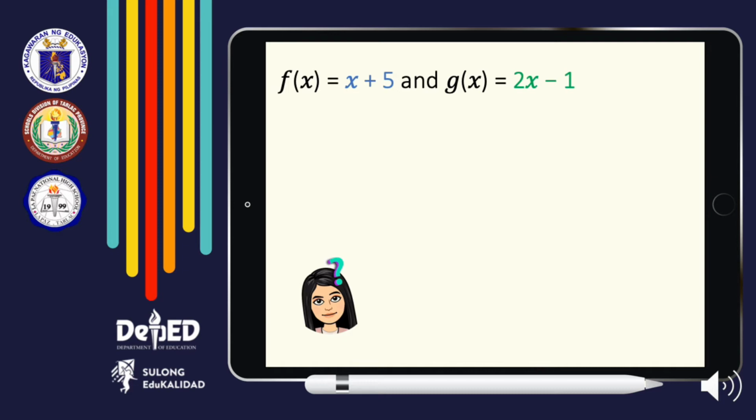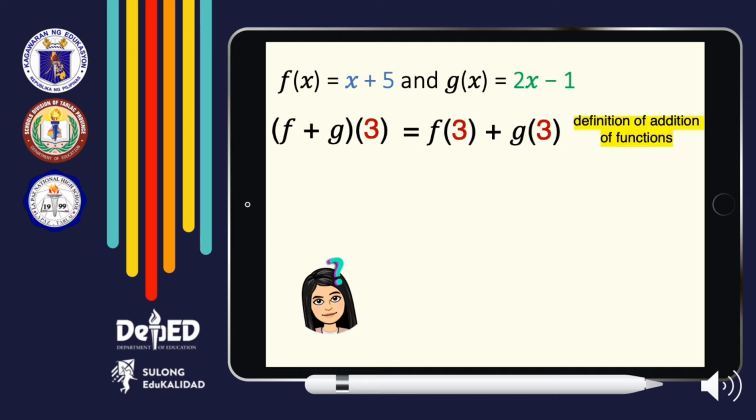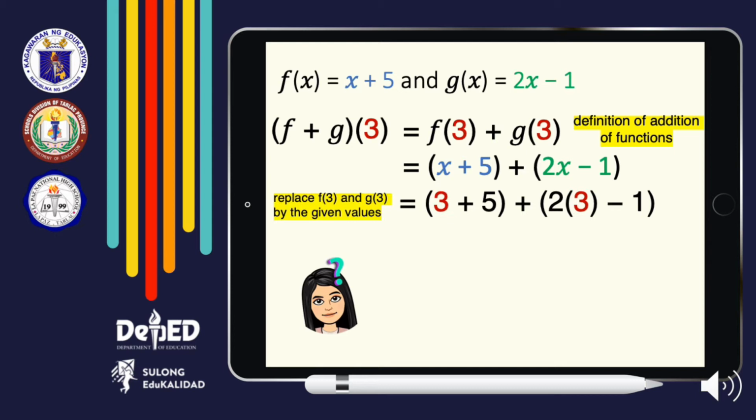Now how about when we have a certain value of x? Like this. As you can see, the value of x here is 3. By applying the definition of addition of functions, we will have f(3) + g(3). Now using the same functions, we have x + 5 plus 2x - 1. Next, replace f(3) and g(3) by the given values.